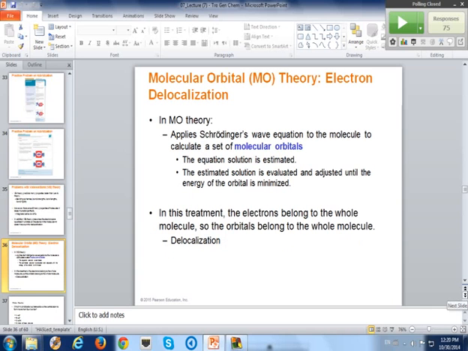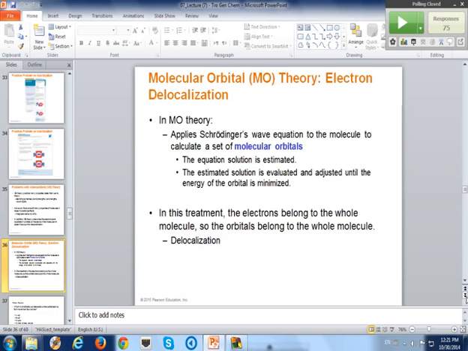So the molecular orbital theory, unlike the valence bond theory, applies the Schrodinger wave equation to the whole molecule, as opposed to applying the Schrodinger wave equation to the individual components, the atoms in the molecule, and then constructing bonds from those atomic orbitals, right?